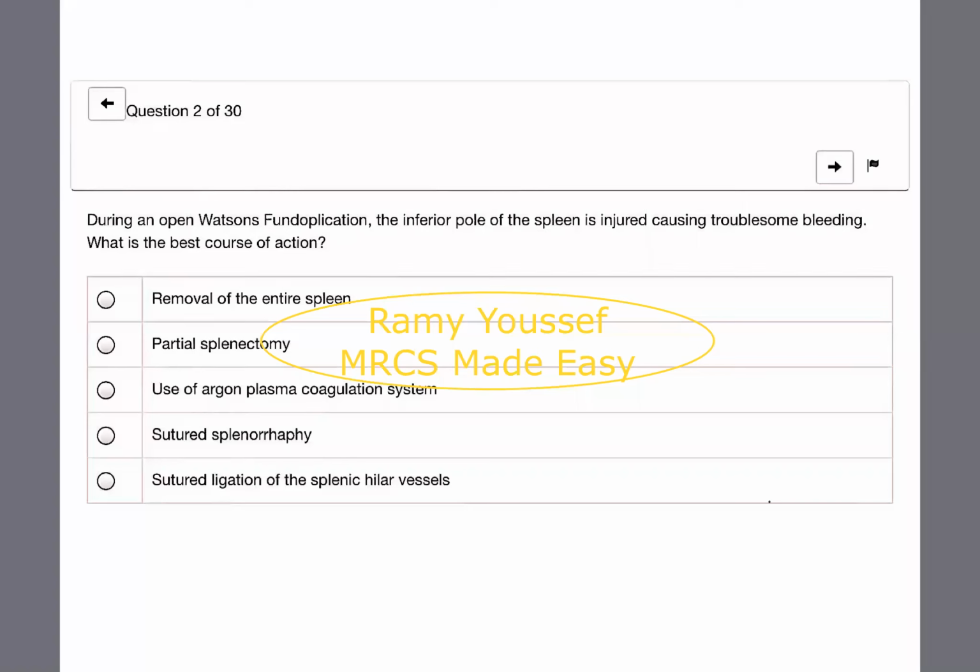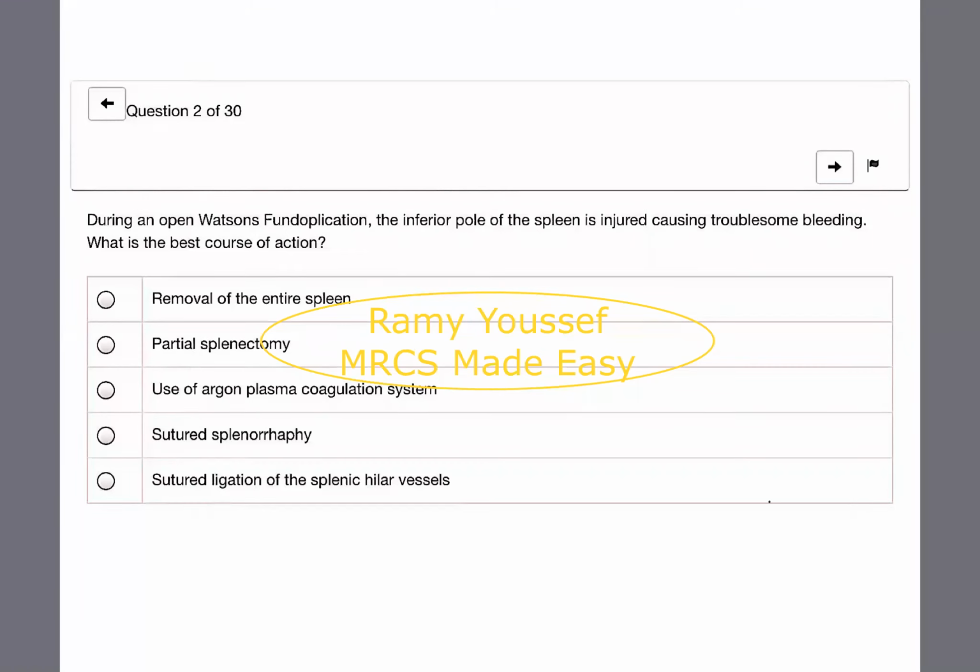You remember when we remove the spleen? Yeah, I forget. Okay. If you have a hilar injury, or vascular injury, or shattered spleen. Other than this, you will try as you can to preserve the spleen.